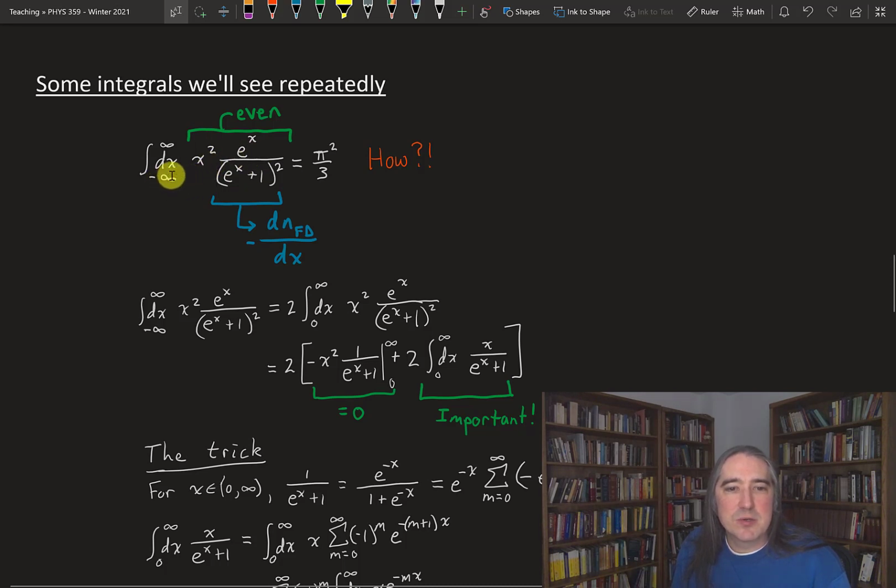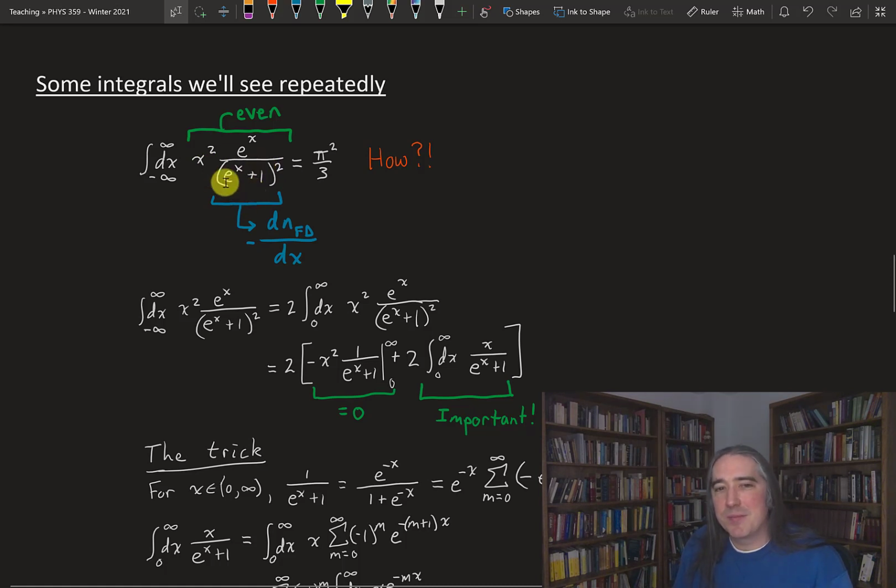That's going to allow us to change the limits of integration in a way that may help us. It's not guaranteed, but in this case it will. And then we know that this thing is the derivative of the Fermi-Dirac distribution, so it's something that we can integrate. In a sense, that's all we need to know; we could do integration by parts.